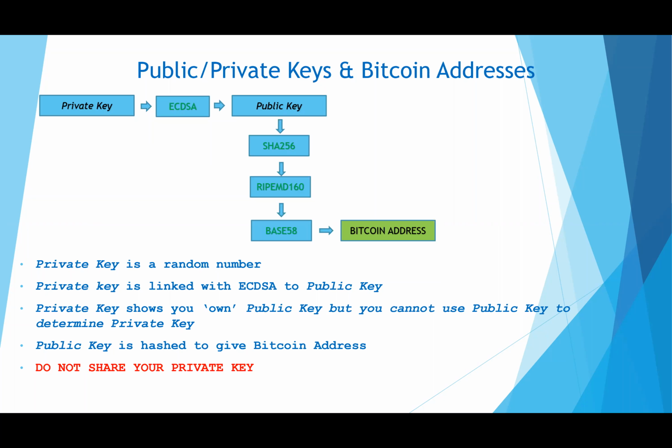The reason it goes through multiple different hashing algorithms is it's a security feature: if SHA-256 is ever compromised as an algorithm, you've still got RIPEMD-160 as an additional layer. And then base 58 just converts it into something that's a little bit more readable.